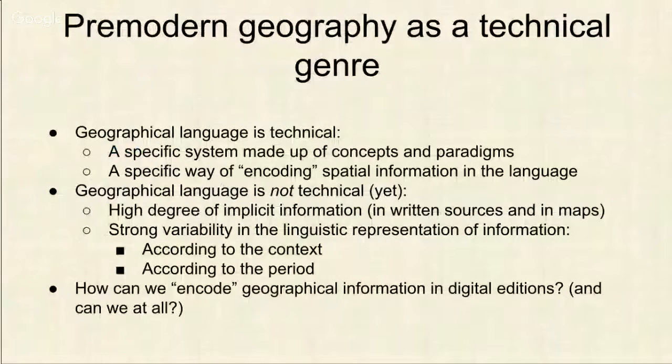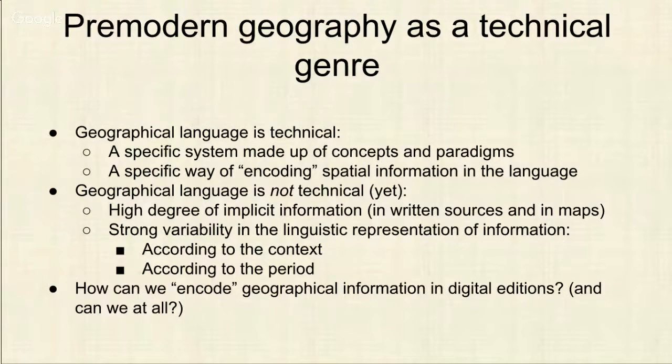So there are some reasons why we can consider the geographical language technical, because it was a specific system made up of concepts and paradigms that had a very empirical purpose, obviously. So these people had a specific way of encoding this type of spatial information by means of language. On the other hand, for us, this type of geographical language is not technical, not yet, essentially for two reasons.